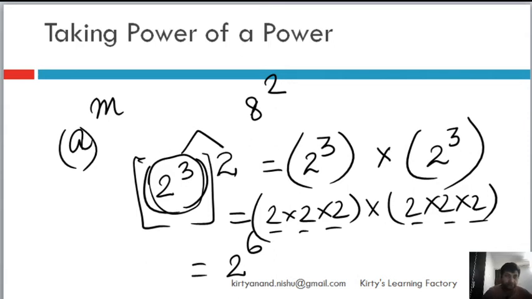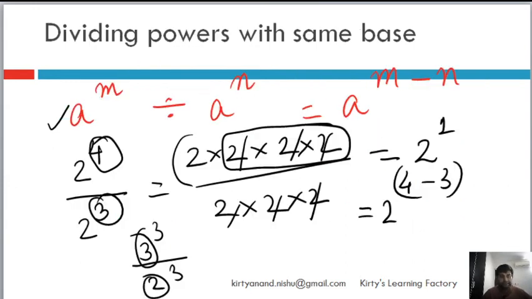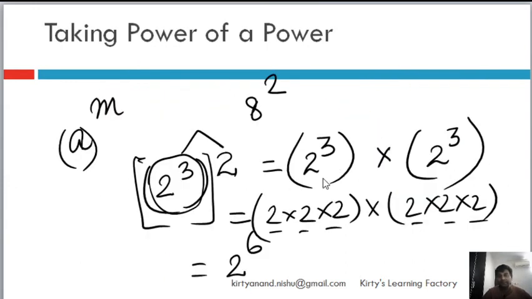So if you go to the first rule, which is multiplying powers with the same base, this is nothing but multiplying powers. 2 raised to the power 3 is one base, so this is basically 1 and 1, and I am adding these two, so this becomes 2 raised to the power 1 plus 1.